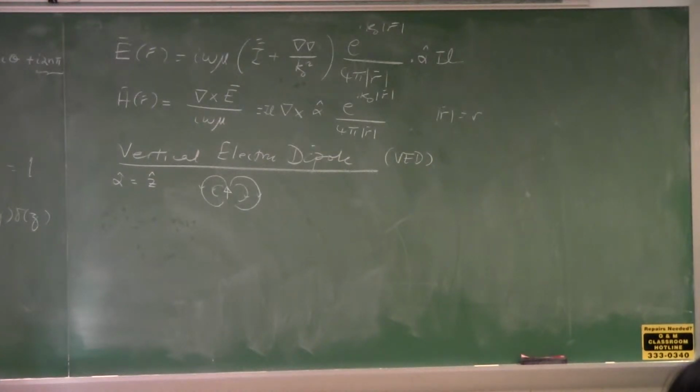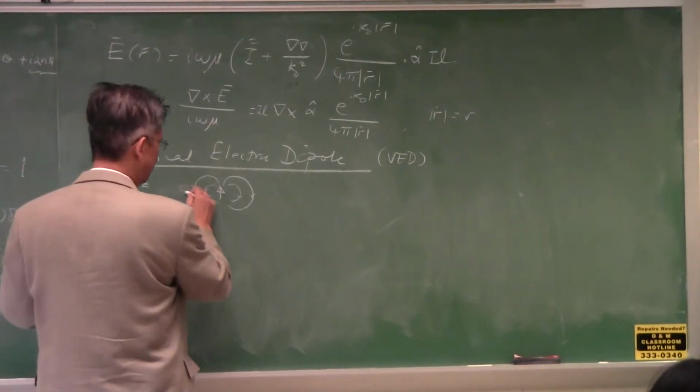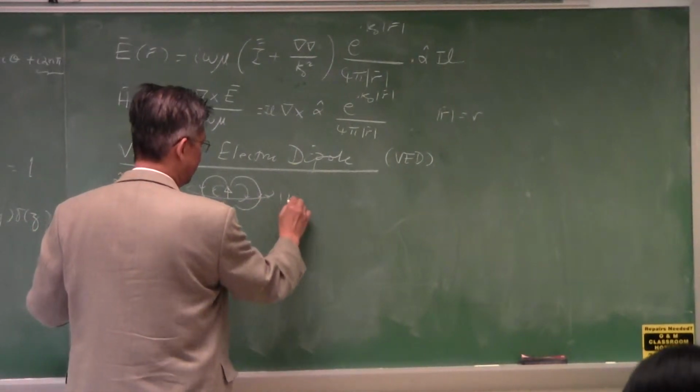How would the magnetic field look? Remember how the magnetic field of an electric dipole that is vertically oriented looks? Very good, it goes around in a circle. Okay, so the magnetic field would go around in this manner.